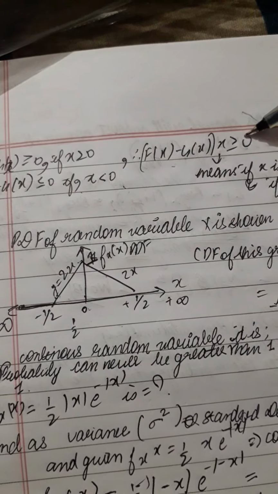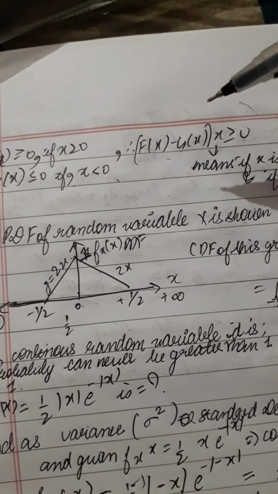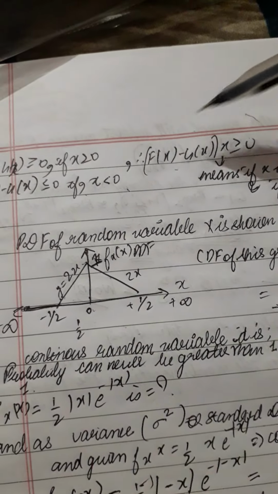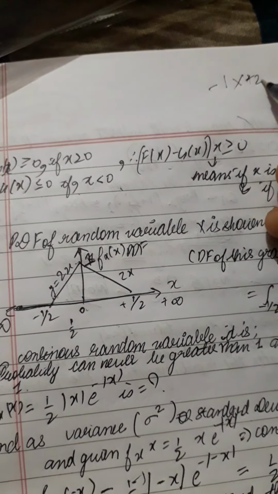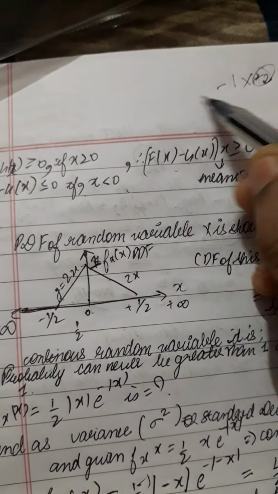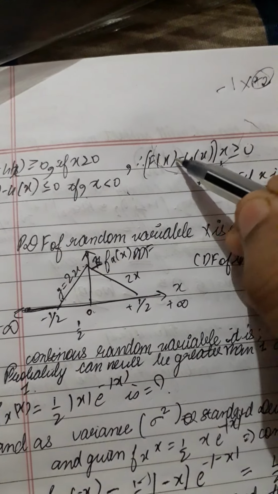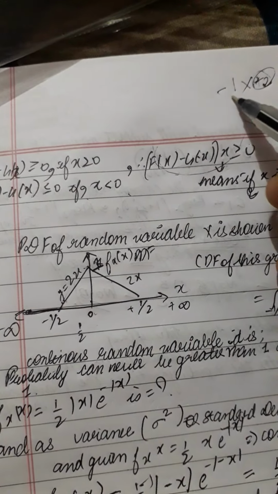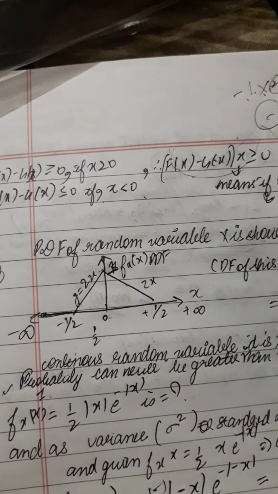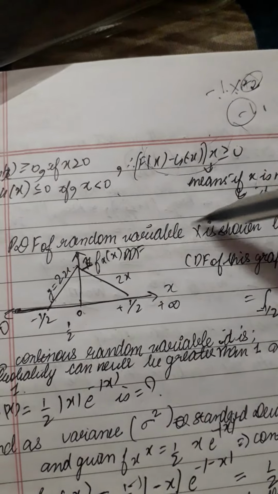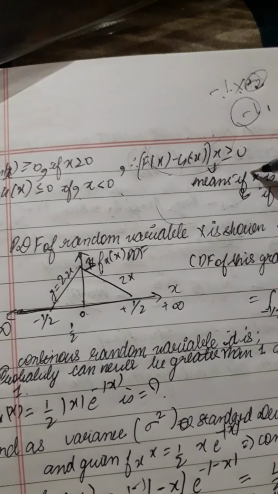And if x is negative, say if we get plus 2 from the equation fx minus gx and multiply with minus 1, ultimately it will result in a negative value. So we will get the equation in the form of a negative value.